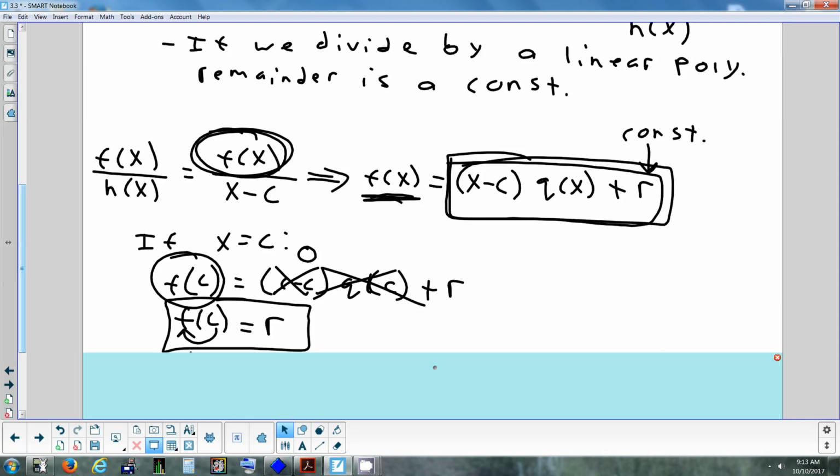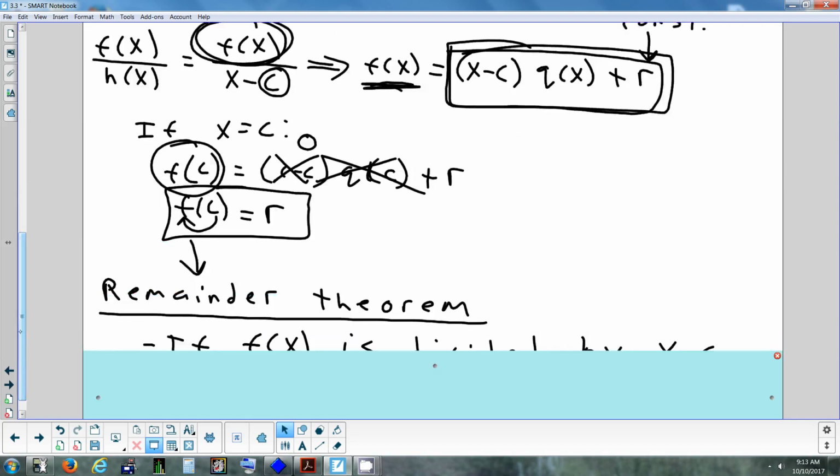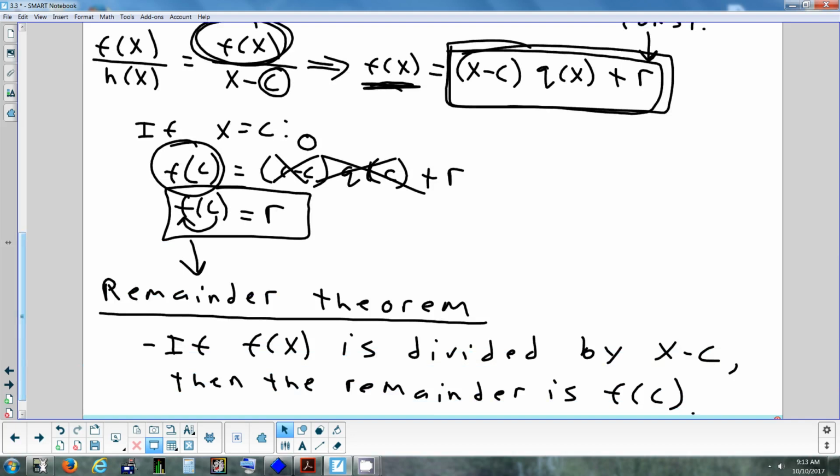So we have a shortcut for finding the remainder. All you have to do, if you're dividing by x minus c, is take the number after the minus sign, plug it into your original function, and that will just tell you the remainder. And that's the remainder theorem.